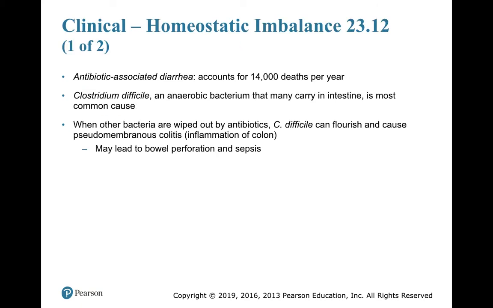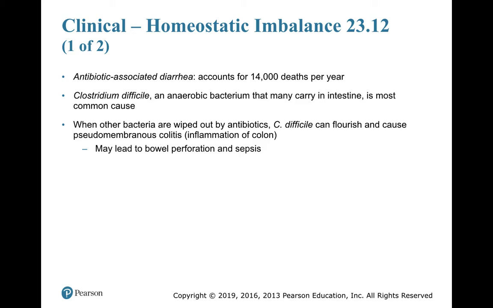Antibiotic-associated diarrhea accounts for about 14,000 deaths per year. C. difficile is an anaerobic bacteria that many have in our intestines, and that is the most common cause, so that when antibiotics wipe out other bacteria, the C. difficile, which is more resistant, can flourish and cause pseudomembranous colitis, which is an inflammation of the colon.